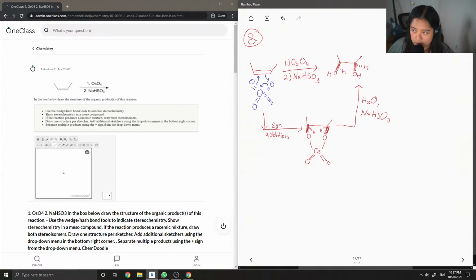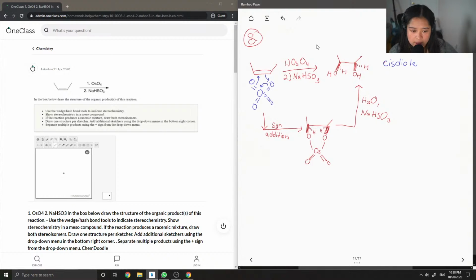So the oxygens are on the same side, and then the carbons both go up as well. And this is called a cis-diol. So it's called cis since they are on the same side. And then the di means there are two, and the ol means there are two alcohol groups.